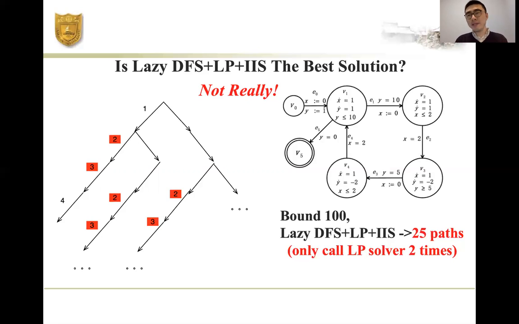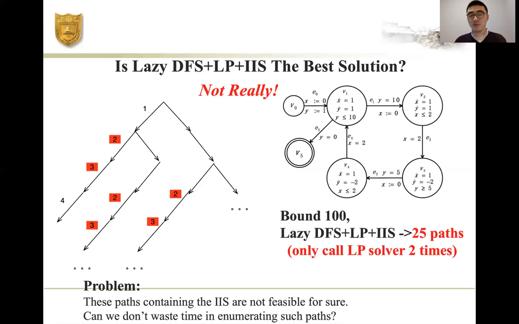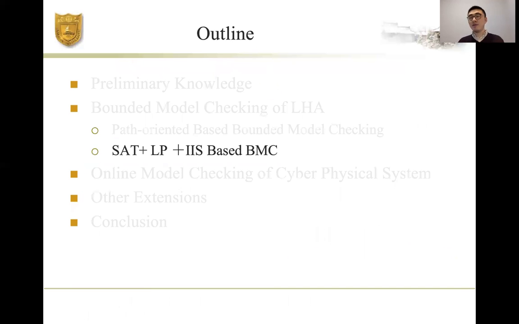Because we already know if we find those path segments, there will be a conflict. Is there any way that we can refuse them in advance? That's our question. Are these paths containing the IIS infeasible for sure? Can we avoid wasting time enumerating such paths? Okay, then comes our other main method, which is step plus LP plus IIS plus BMC.